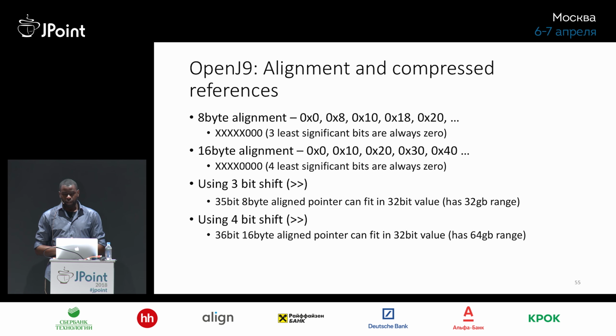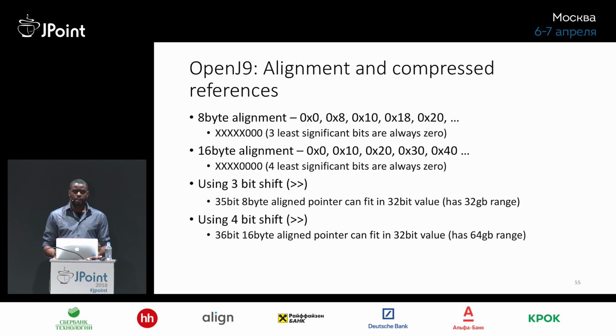Before I get to that, I'll quickly talk about alignment. Generally speaking, a Java object is allocated with a minimum guaranteed alignment boundary. In OpenJ9, this is 8 bytes. The interesting thing about guaranteeing an alignment boundary is that if you have an 8-byte alignment boundary, it means that for all references, at least 3 significant bits are always 0.